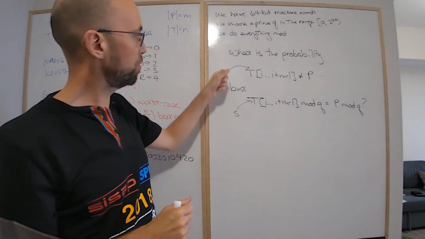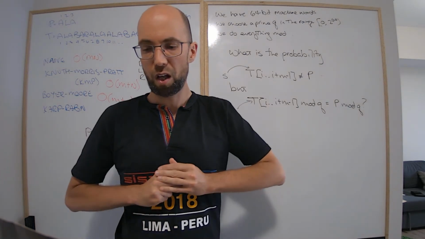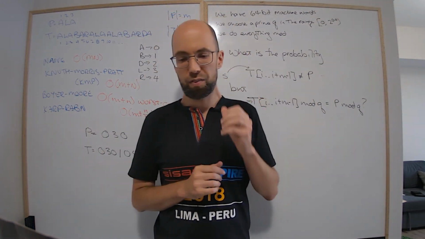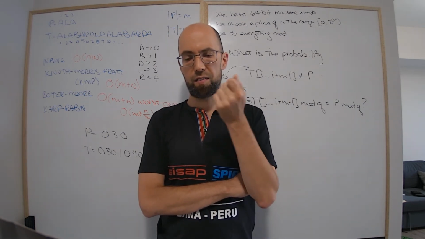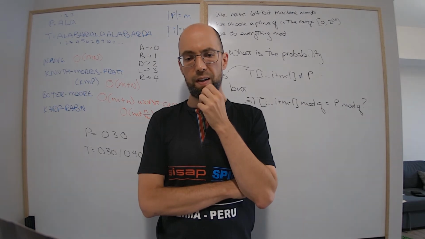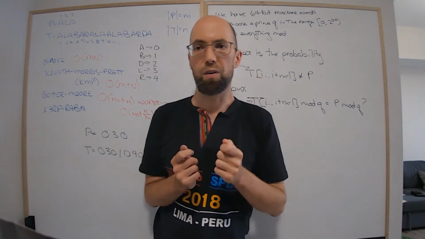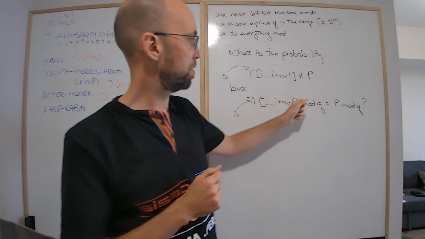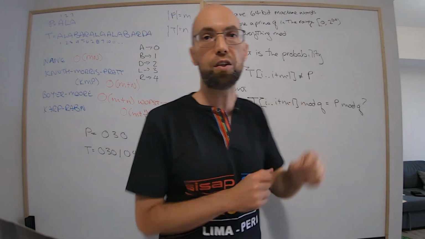So remember, we're viewing everything as numbers. So we're saying, what is the chance that these two numbers are not equal, but they are congruent to each other mod q?